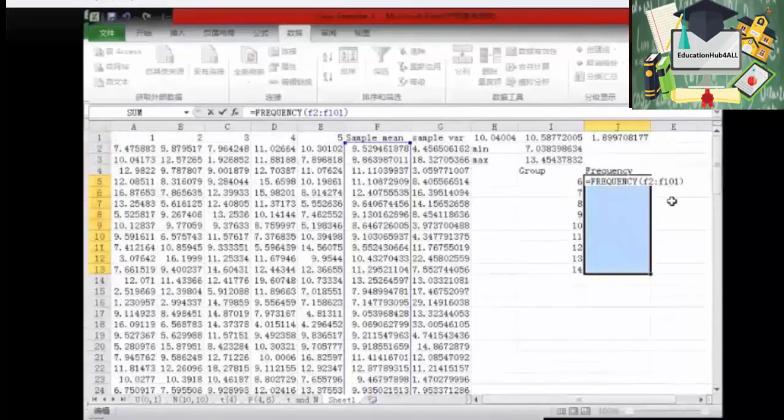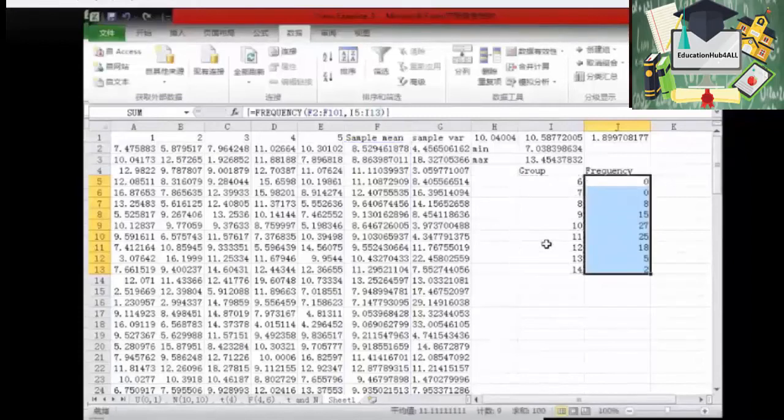And then you do Control Shift Enter. Oh, sorry. And then you need to input the group information, and then Control Shift Enter.